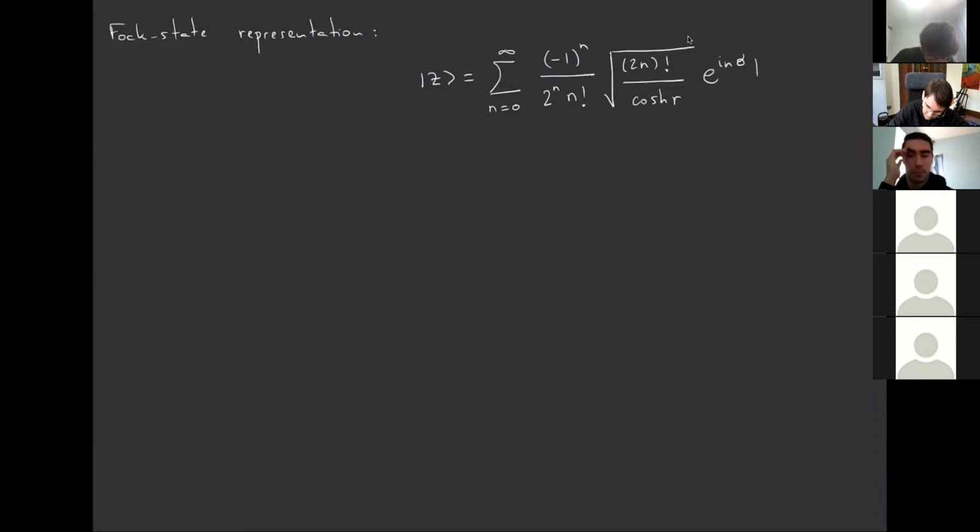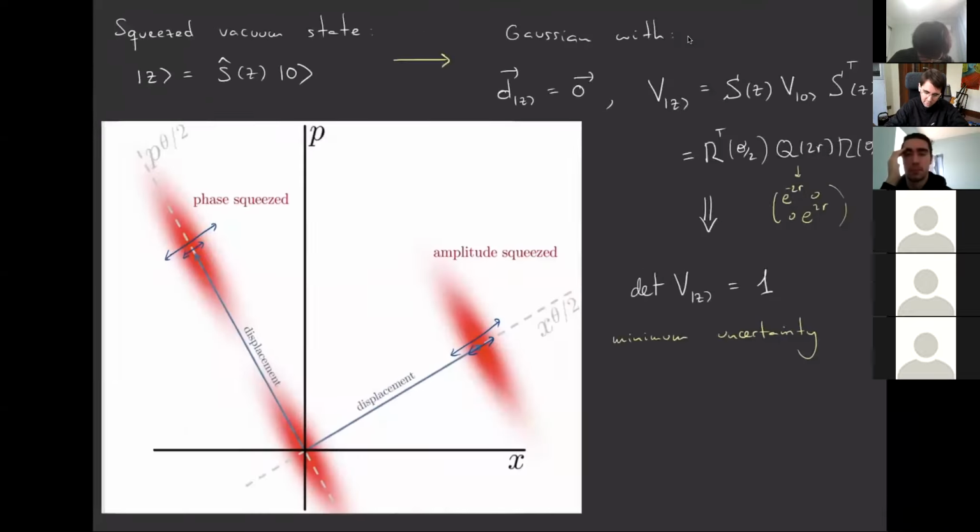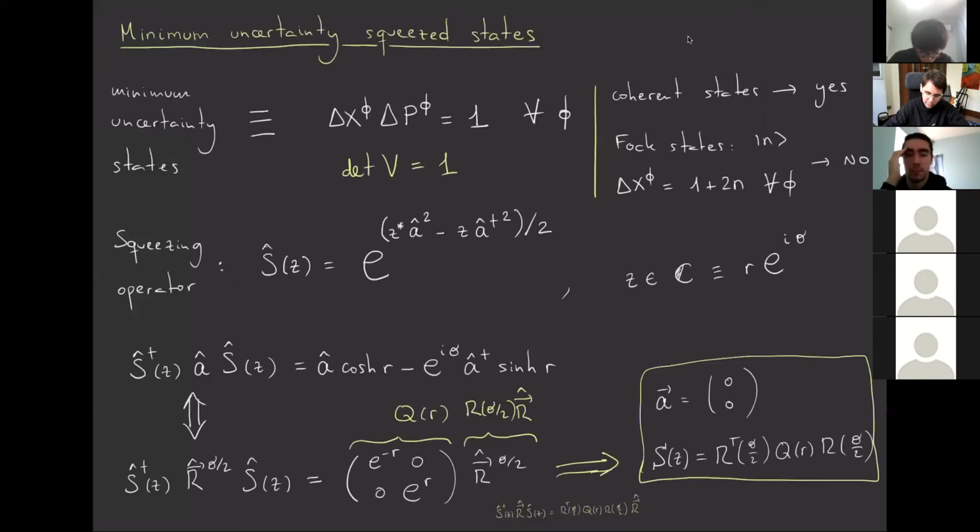And what's very important is this final thing in here. Only even Fock states contribute to the representation of the squeezed vacuum state. But I hope this is not a surprise, because I remind you what the squeezing operator is.